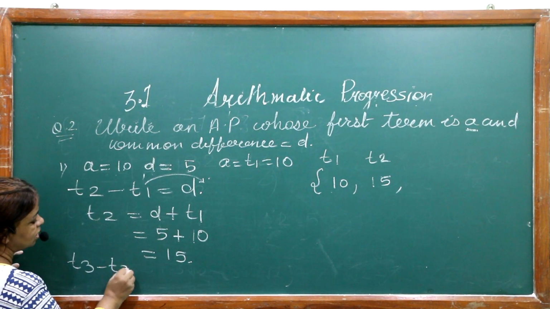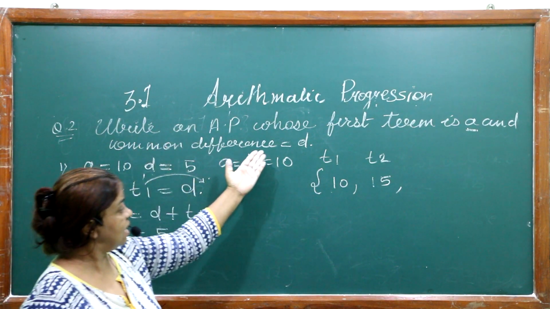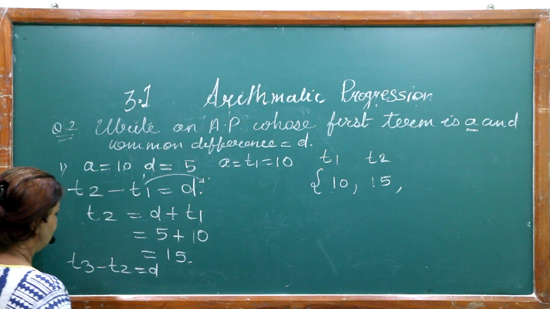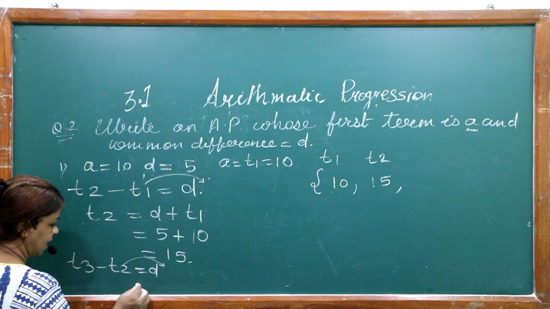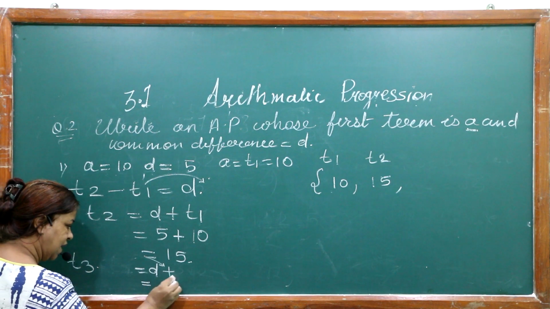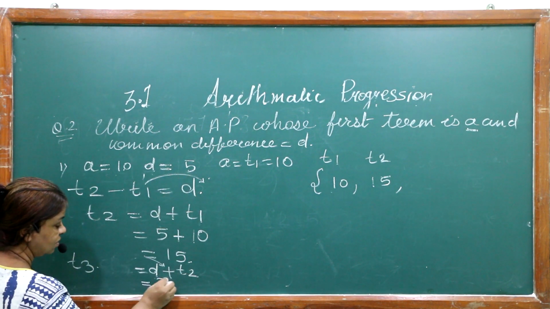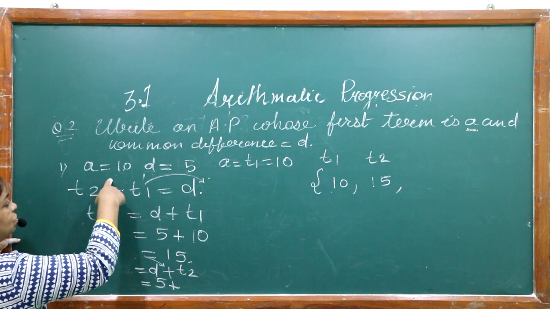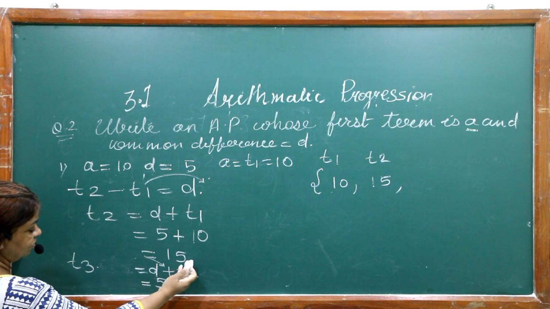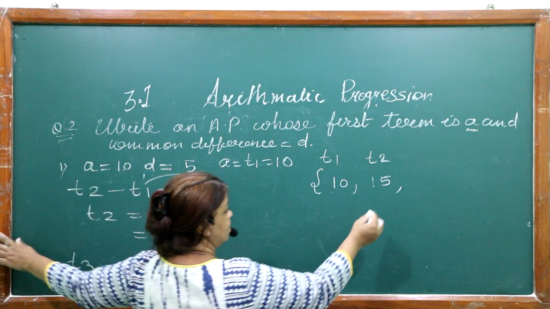T3 minus T2 is D, as it is in AP only. So T2 will go this side, plus T2. So D is 5 plus T2, which is 15. So I am getting 20. So my next term is 20.